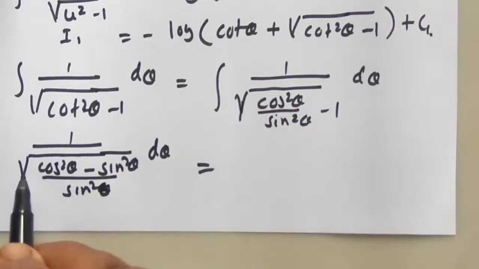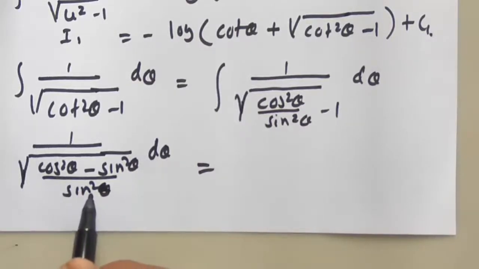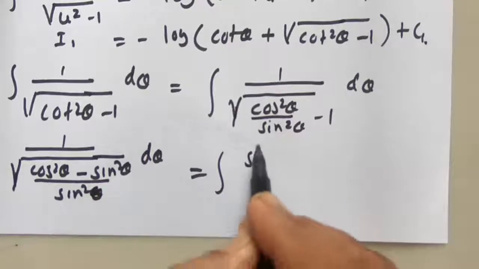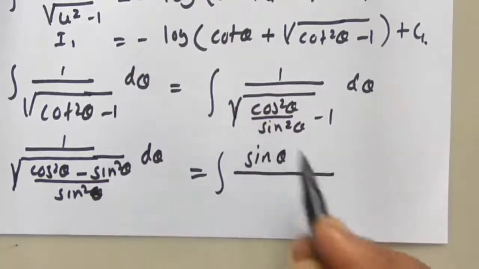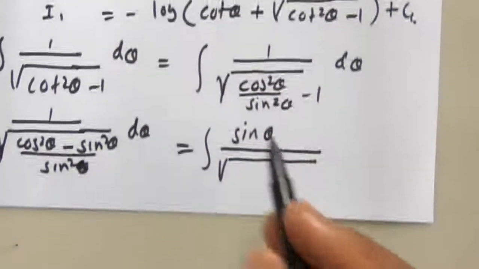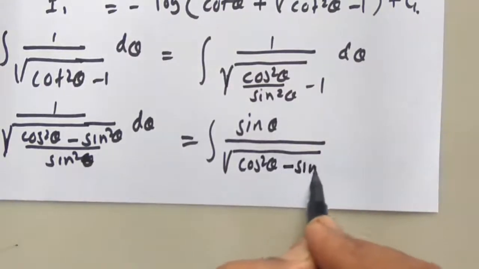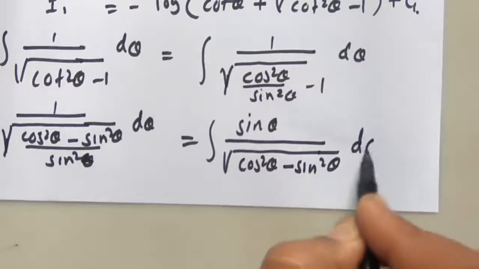If you take sin out of the radical sign, it is in the denominator of the denominator, so it becomes the numerator. So this is sin theta upon under root of cos square theta minus sin square theta d theta.